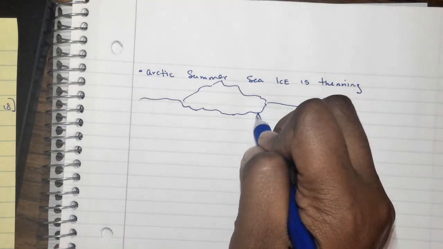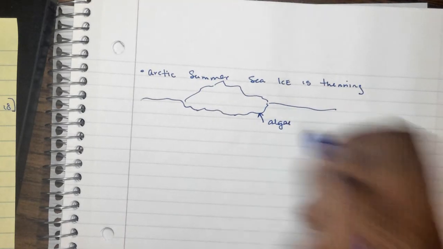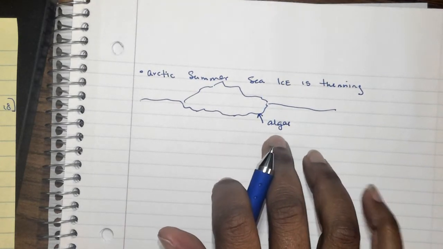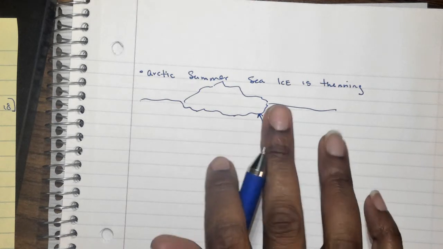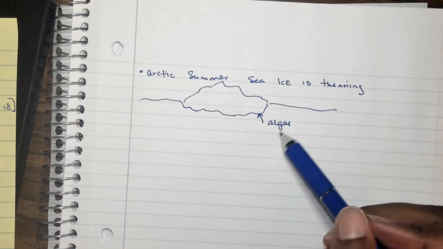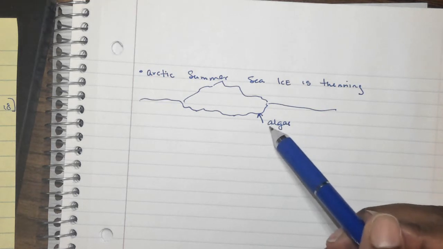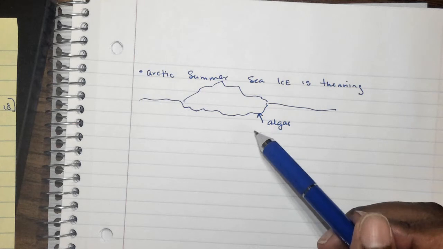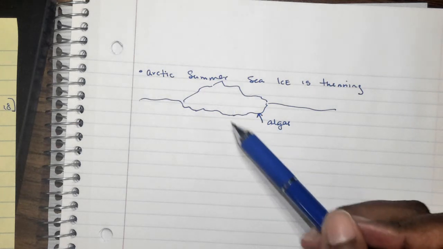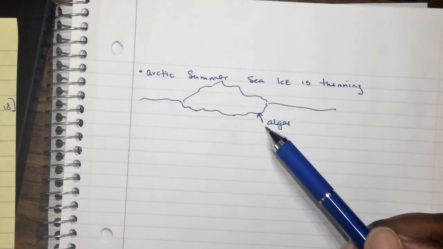Underneath here is algae. If I had some green, I would color it. But there's algae under there. Algae is going to be at the base of my what? My food web. Good job, guys. So algae is at the base of my food web.